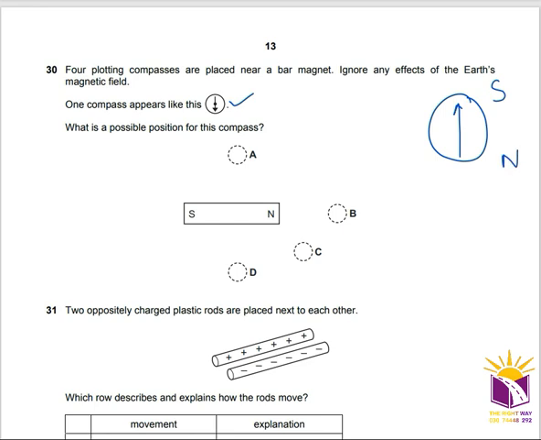So for A, it will be like this, arrowhead toward south and tail toward north. For B, the tail is toward north and the arrowhead is away from north. For C, it will be like this, tail toward north and head toward south. For D, it is like A. So C is the right option, in which our compass is the same as asked in the question.